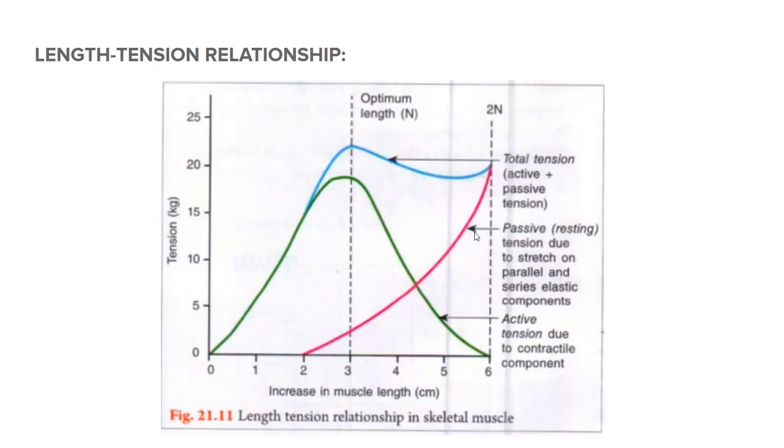As much as you stretch it, the tension keeps increasing. So approximately here, your total tension will be equal to active plus passive tension. When you come here, your total tension will be pretty much just your passive tension. And when you come here, the total tension will be pretty much just your active tension.